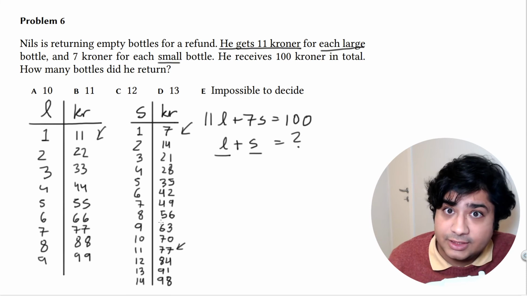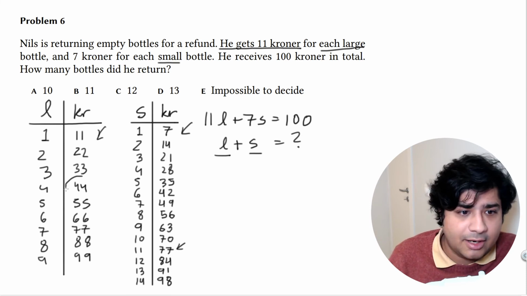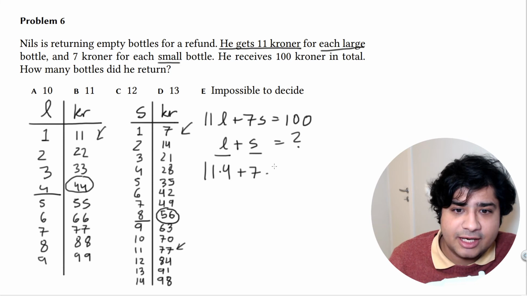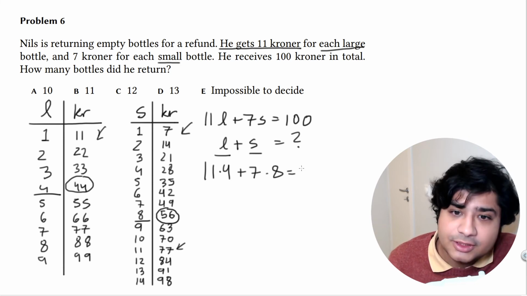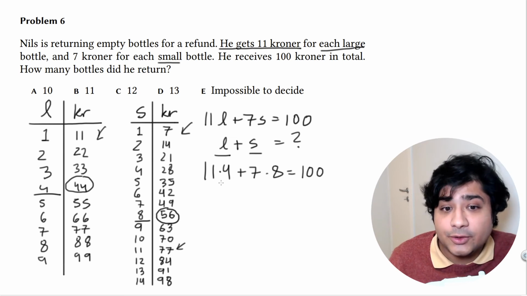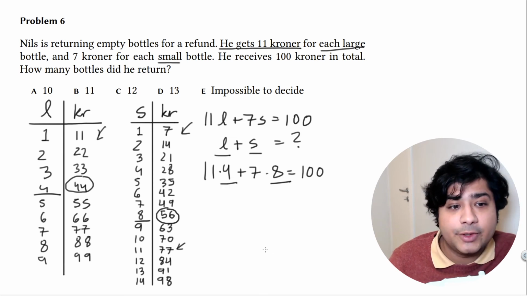Hey, we got a 56. That one works. So if you had 11 times 4 plus 7 times 8, that turns out does equal 100. And there you go. You got one pair where this works.